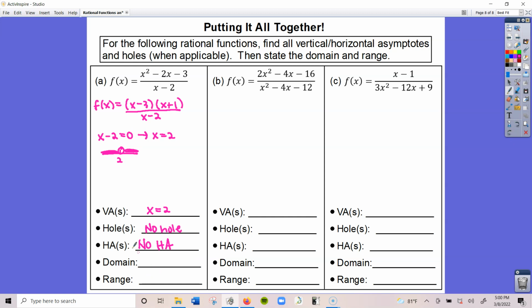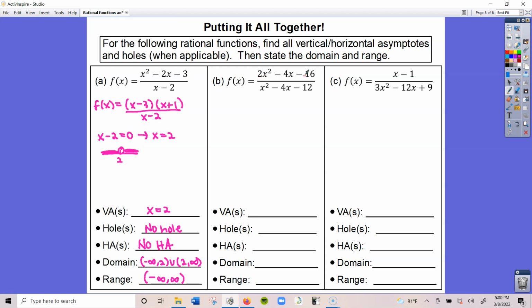My domain would be from negative infinity to 2, union 2 to infinity. Now my range is affected by any horizontal asymptote and the y value of the hole. Since I have no horizontal asymptote and no hole, there is no restriction on the range, so my range is going to be negative infinity to infinity.